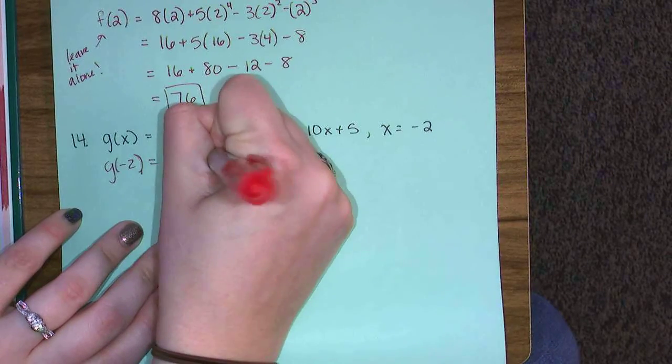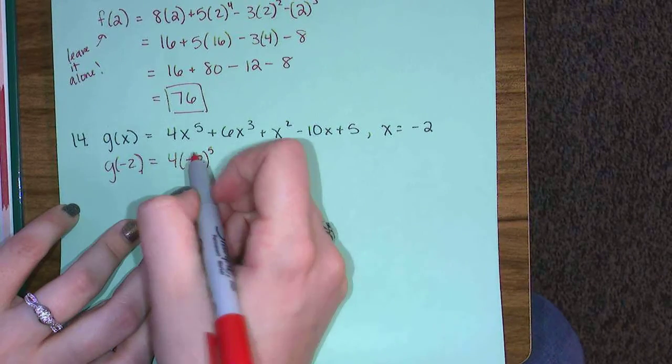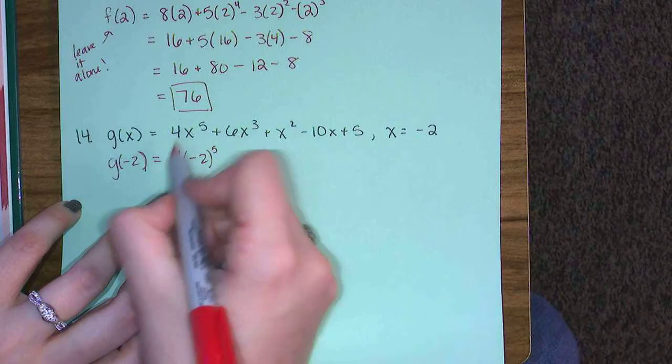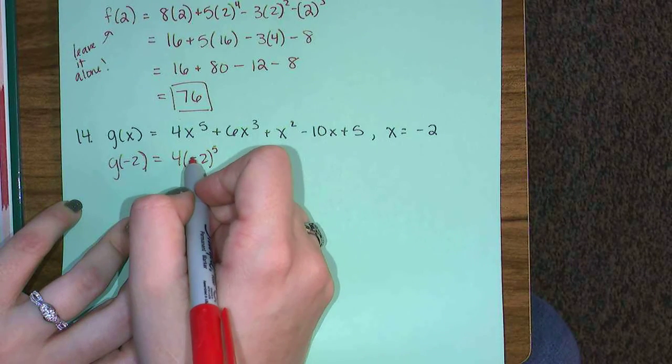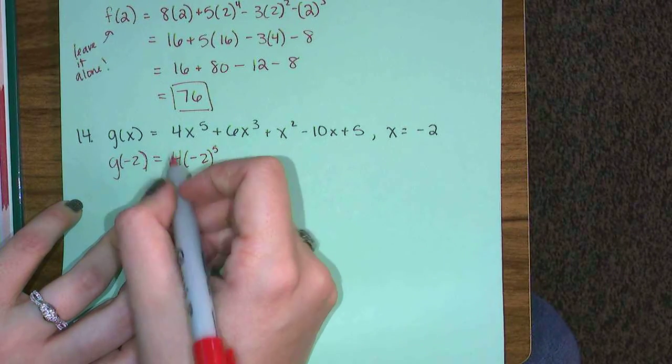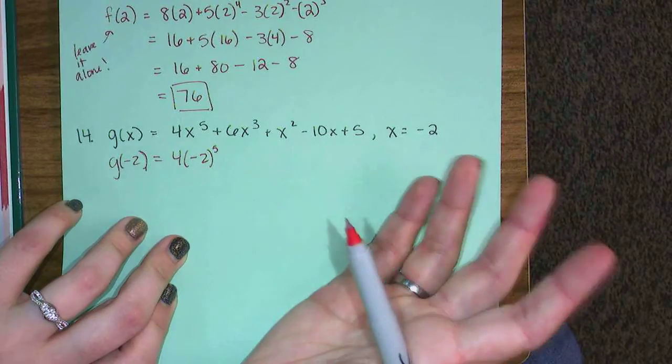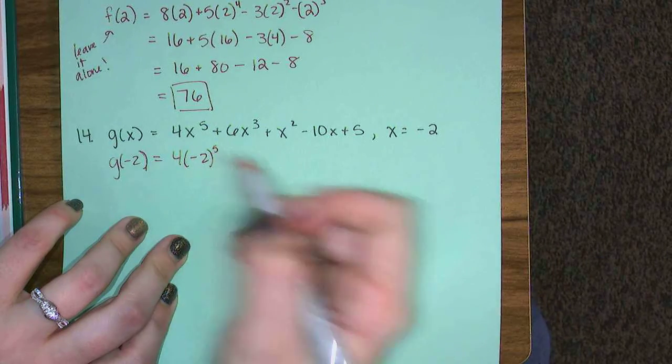This is where the parentheses are really important because the number is negative. You're not going to want to lose the fact that this is negative. If you just write minus, you might think, oh, 4 minus 2 to the fifth.